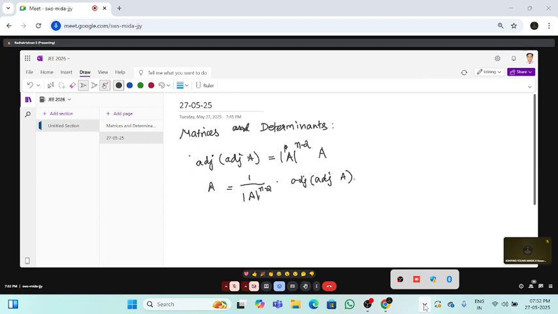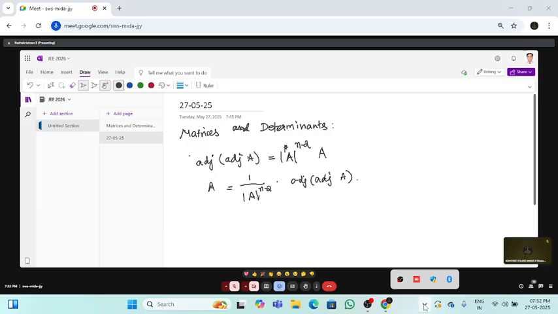So you find out adj of adj. Adj is given, so we can do one more adj to get adj of adj, and then you derive A using this formula, 1 by det A to the power of n minus 2 into adj of adj. But now, how do you calculate the determinant of A from adj?